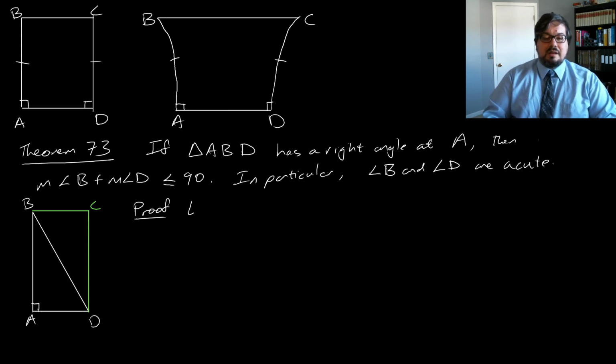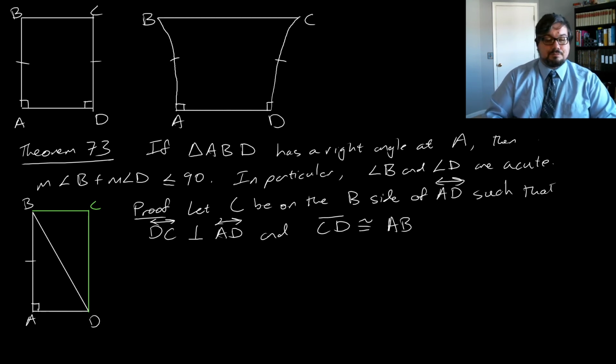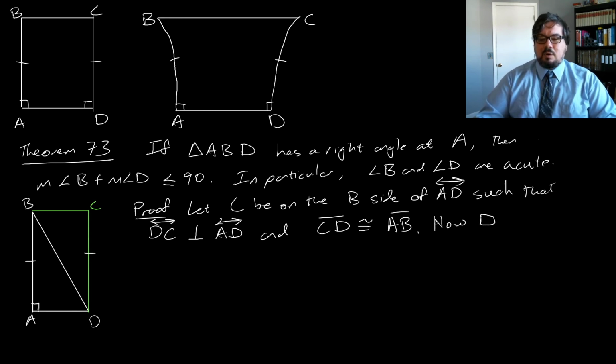So proof: we want to let C be on the B side of the line AD such that the line DC is perpendicular to the line AD and the segment CD is congruent to the segment AB. Now, that means that quadrilateral ABCD is Saccheri.